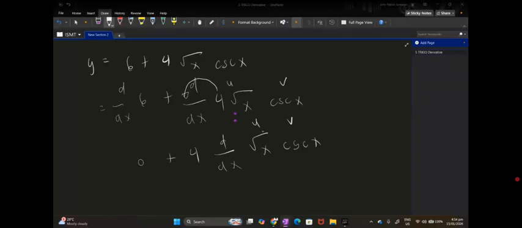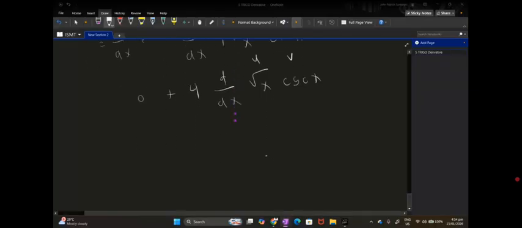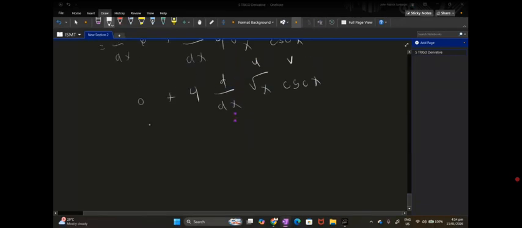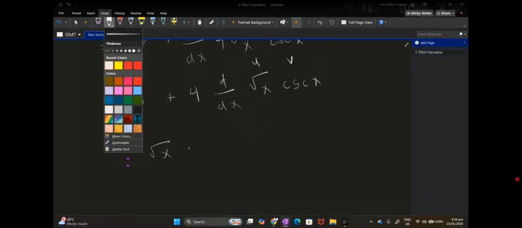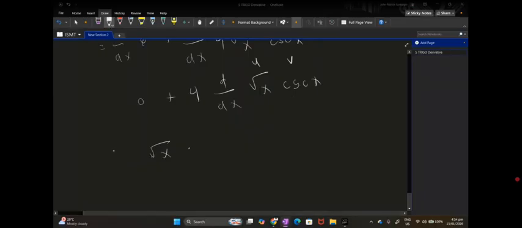Now, let's get the derivative na nitong part na to. u natin is square root of x, v natin, cosecant of x. Basta may 4 tayo here, sinusolve lang muna natin yung derivative nito.